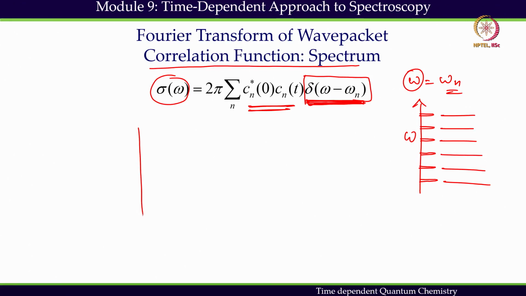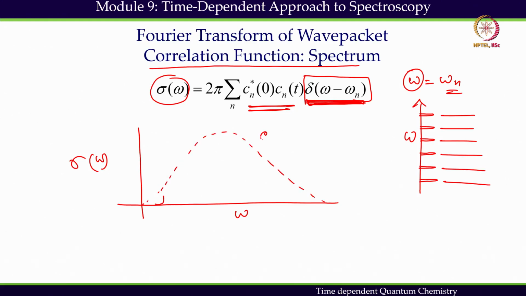So I will be able to plot this sigma omega as a function of omega, and I get the maximum function value. This envelope is represented by Cn star 0, Cn t. What I need to do is find out, at time t, what my wave packet is and correlate it with respect to x0.